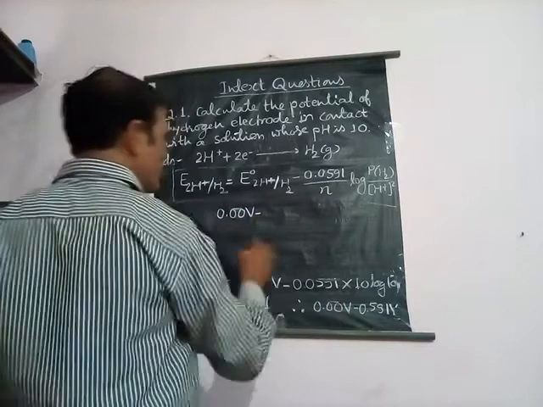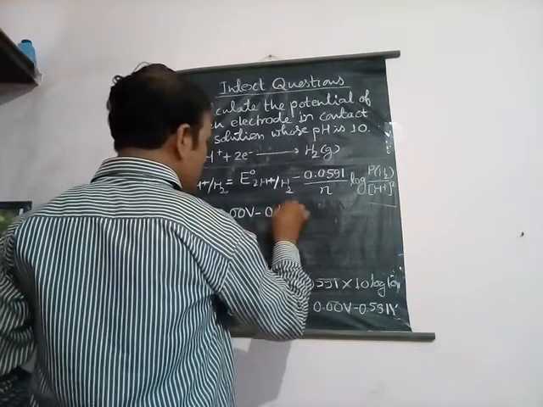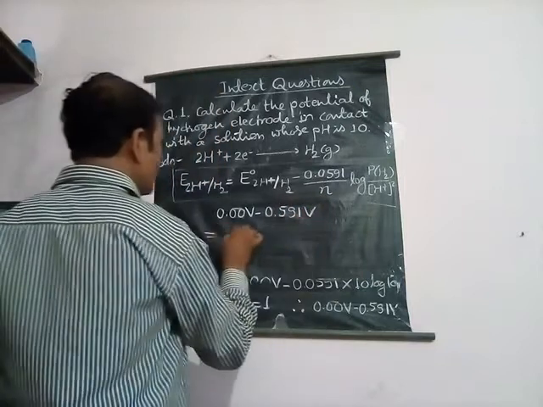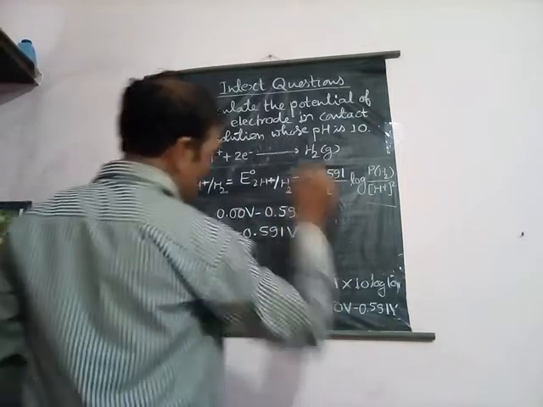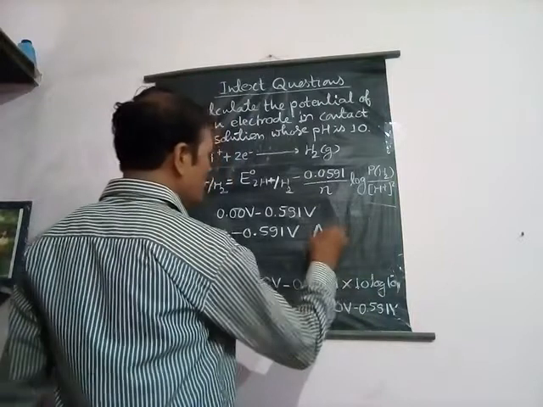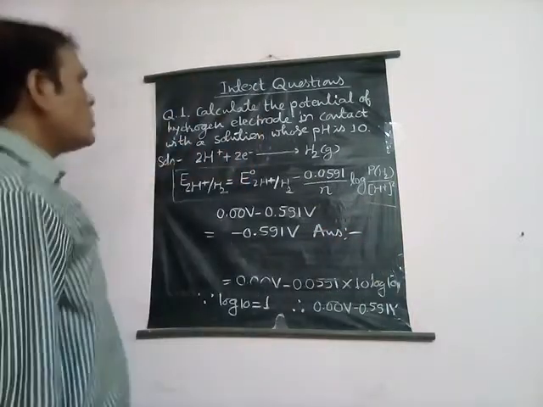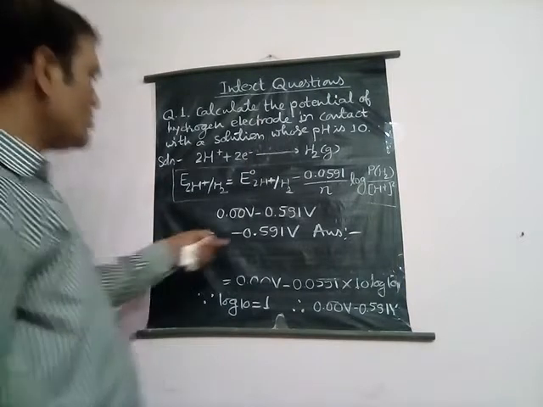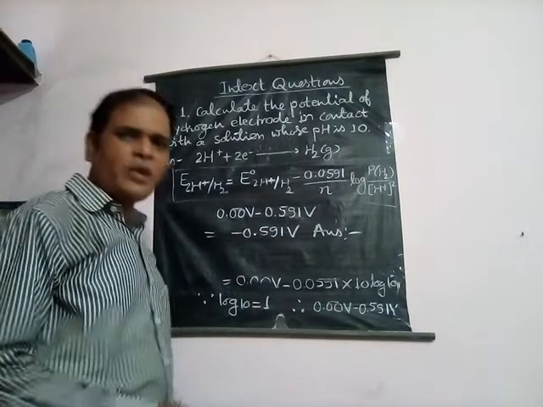0.591 volt from 0.0 volt, and we will see what we get. That will be equal to minus 0.591. So this is the answer of our question: the electrode potential of the hydrogen electrode will be equal to minus 0.591 volt.